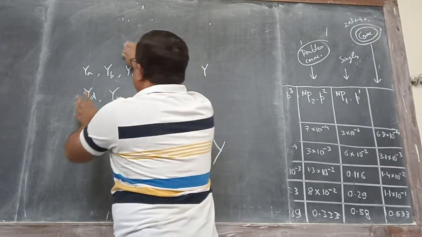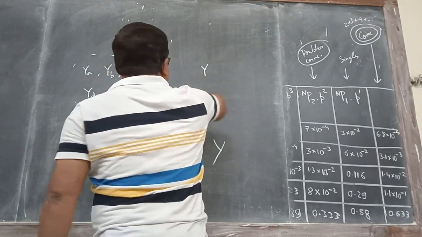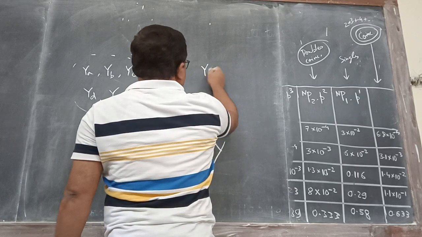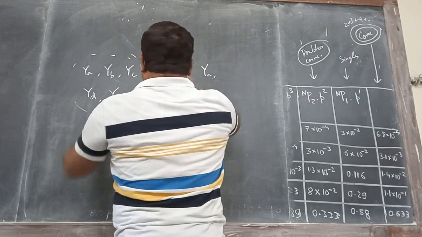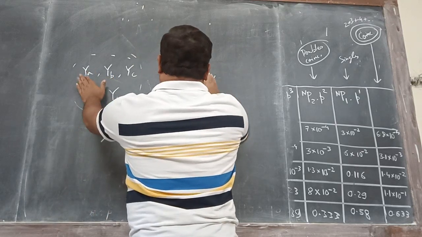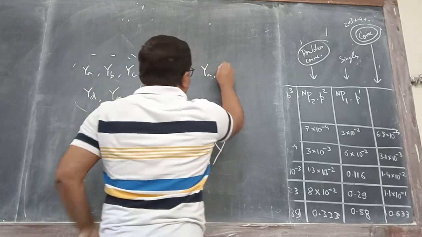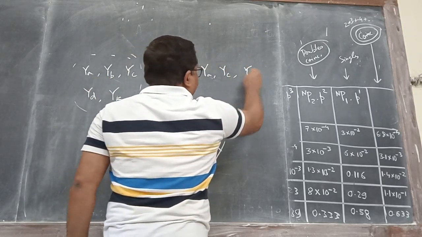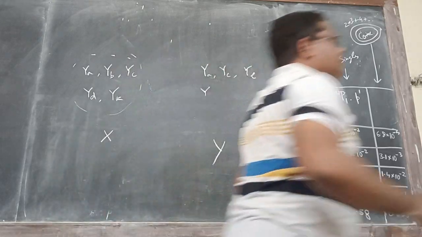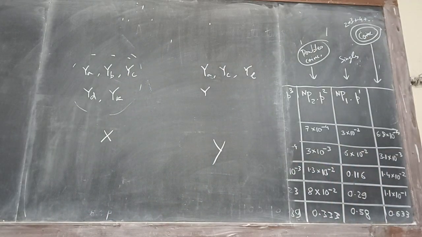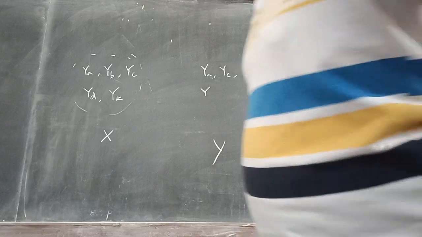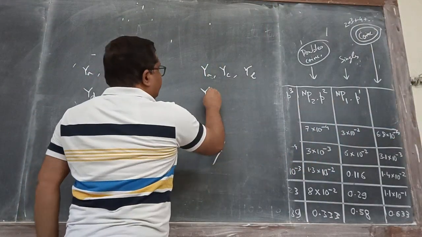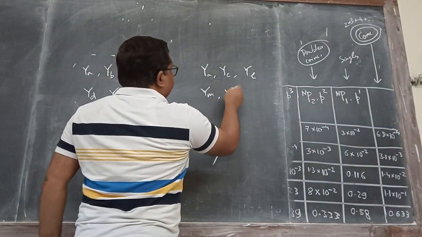Out of this I am just discussing only a few. Here again we have got say gamma A identical, closely lying to this one. So they are the same. Okay, gamma A, say gamma C, then gamma L, gamma N, gamma M and gamma B.